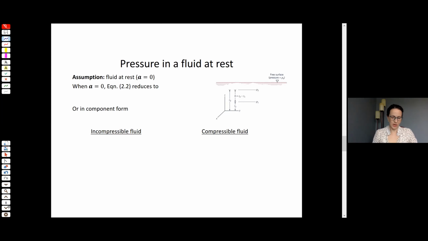So now that equation reduces to this simplified version: del P minus gamma K is equal to 0. And this is the hydrostatic equation.